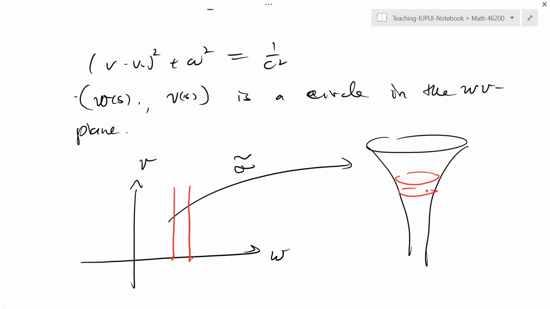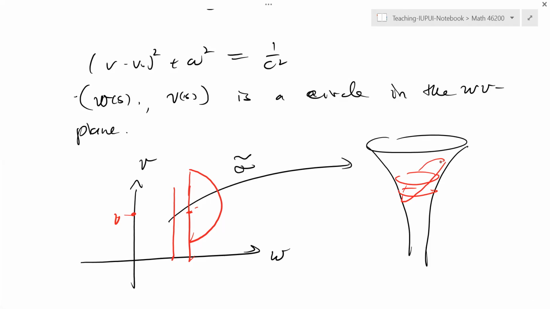So what do we see? This is the equation of a circle. So the geodesics can be described as images of those circles.